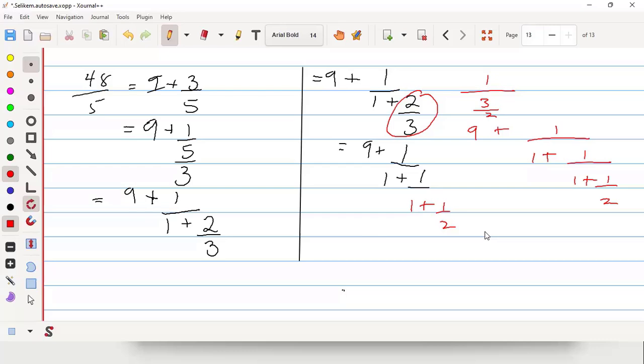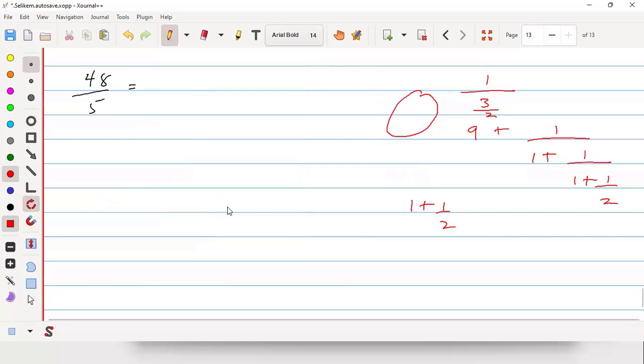Okay, so I'm done now. Okay, so let's change 53 over 6 as a continued fraction. Let me wipe off the annotations.